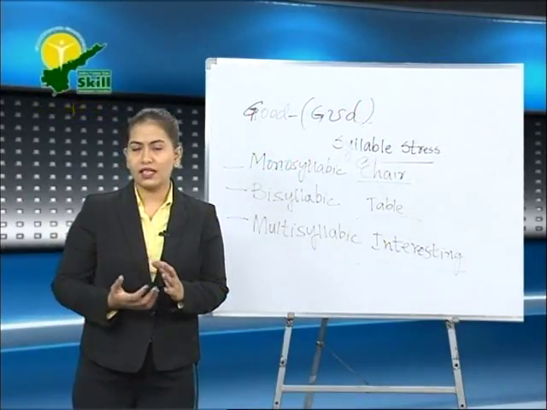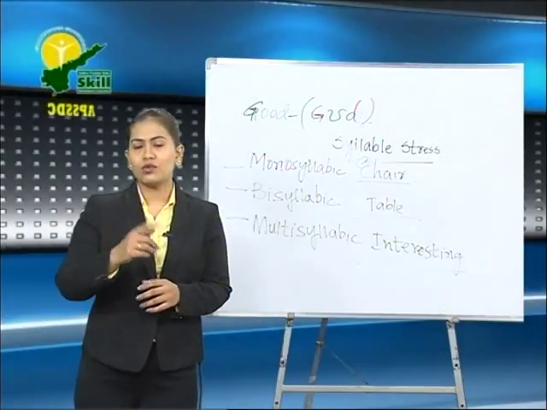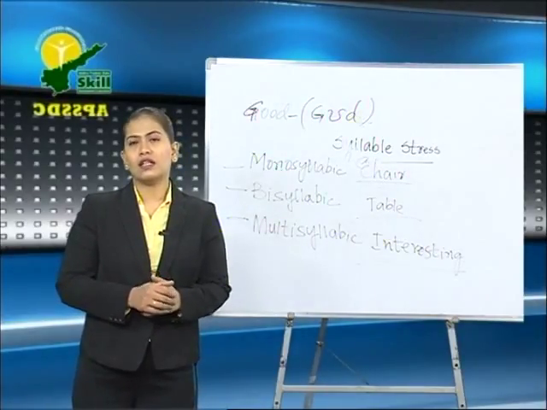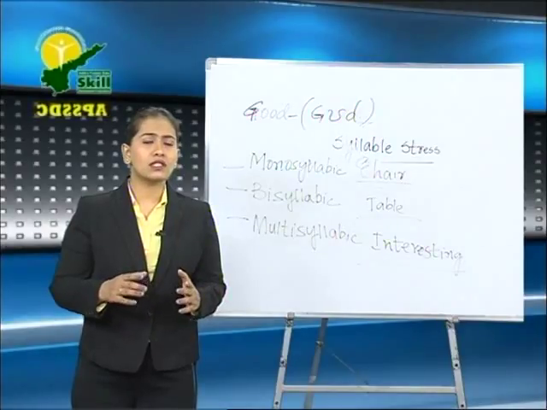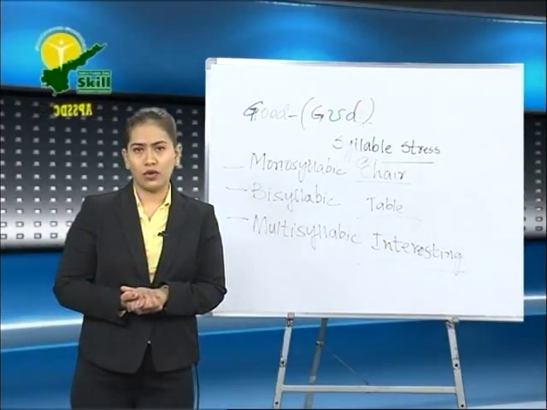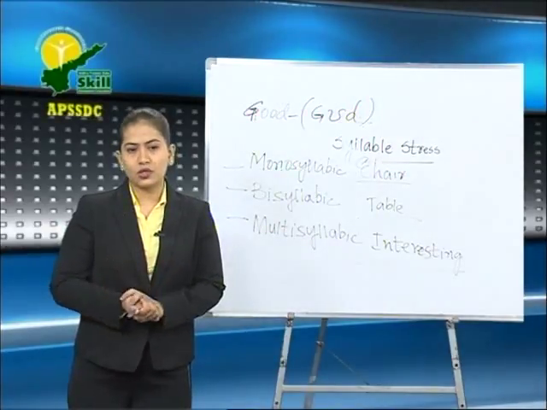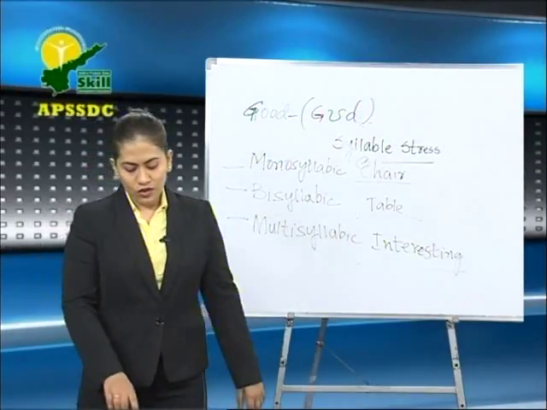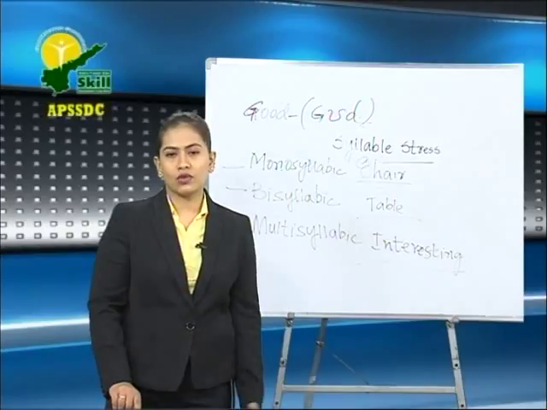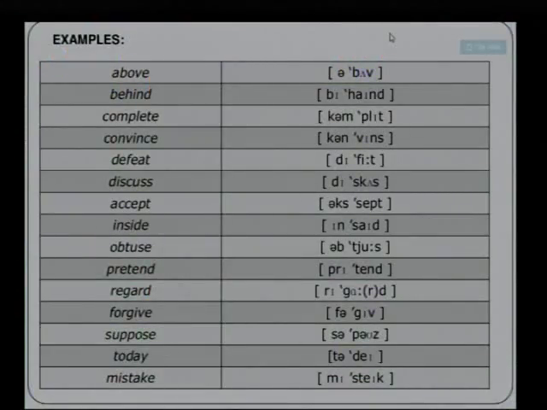So the type 2 rule clearly says that a primary stress can be given to the second part of the word in the English language, and that is one of the rules of syllable stress. Moving to the slide, let's focus on a few examples to understand this better.